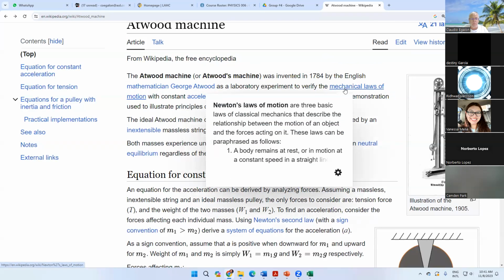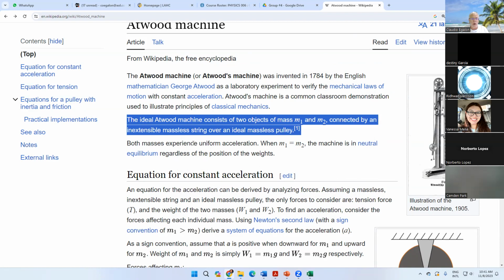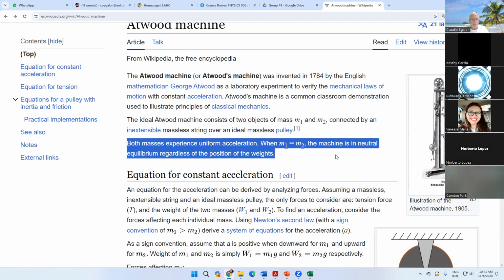With a constant acceleration, Atwood's machine is a common classroom demonstration used to illustrate principles of classical mechanics. The ideal Atwood machine consists of two objects of mass m1 and m2 connected by an inextensible massless string over an ideal massless pulley. Inextensible means it doesn't stretch, and massless means negligible mass. Both masses experience uniform acceleration.